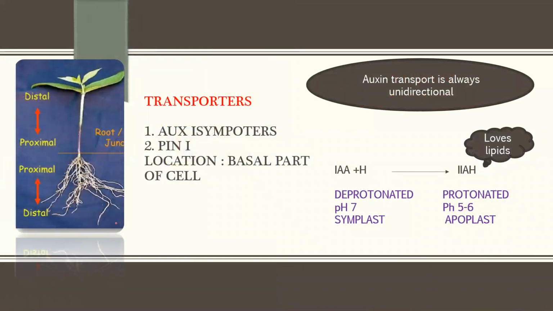Now we will see what the transporters for auxin are. For auxin transport from the distal to the basal portion of a plant, there are two transporters, namely AUX1, which is a symporter. This is referred to as a symporter, which means it needs two molecules to enter inside a cell.